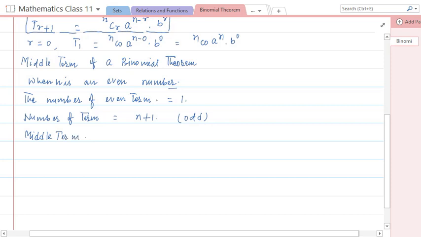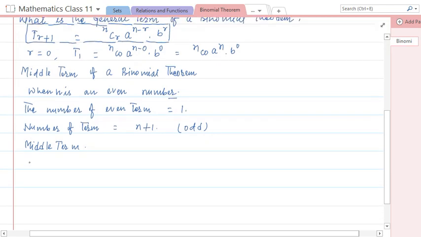So for the middle term we recall the general term T r plus 1 equals nCr into a to the power n minus r into b to the power r. Here the number of terms is n plus 1, so the middle term will be half.